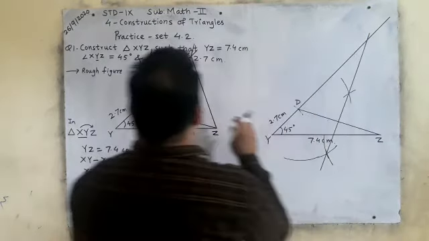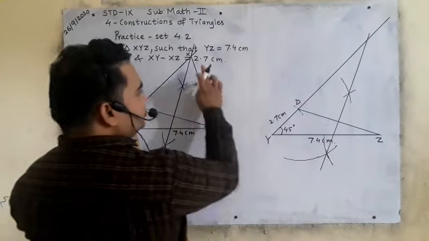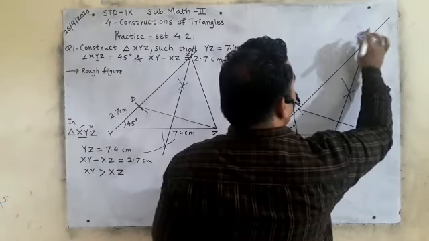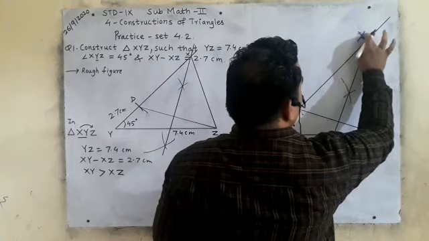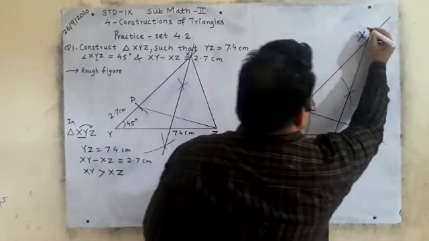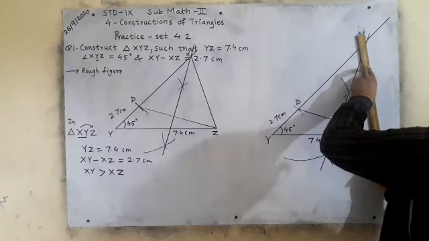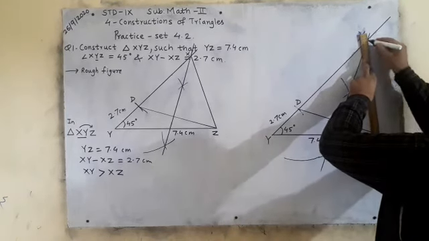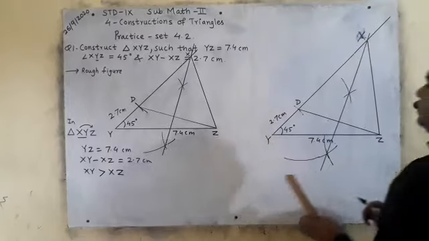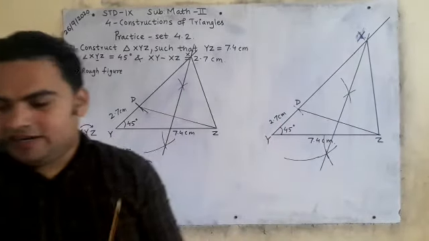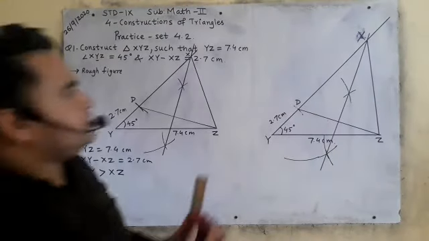Okay, so you have drawn YZ, this will be your X. So now you will join this X to this Z. So this is your triangle XYZ. I hope you understood how to construct it. It is very easy and very simple.